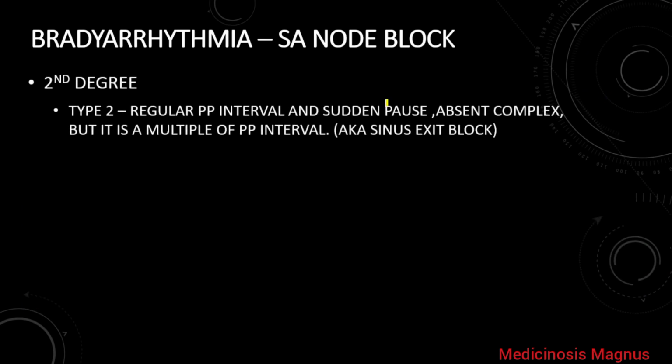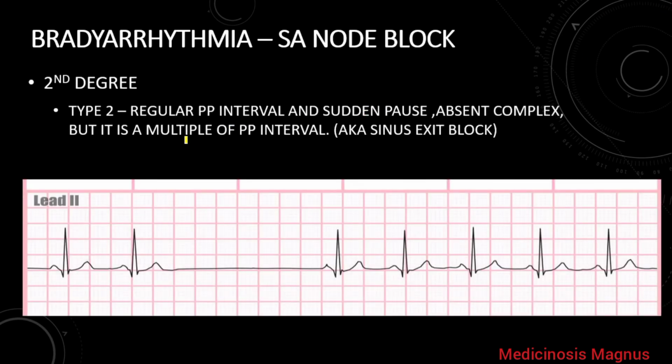In the second degree type 2 SA nodal block, the PP interval is regular and there will be a sudden pause. If you see this PP interval, the absent complex is a multiple of the PP interval. Earlier in the sinus pause, we saw that it is not a multiple of the PP interval.